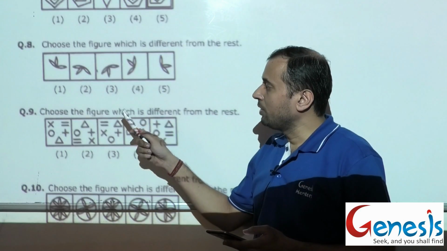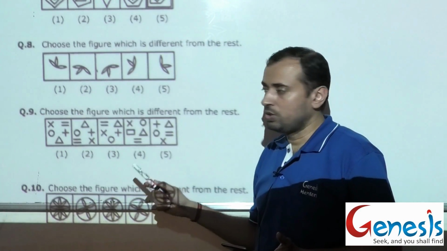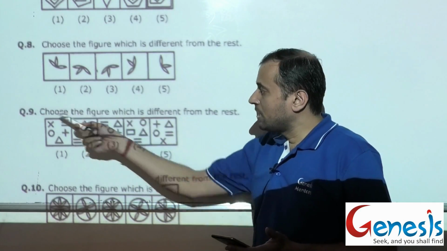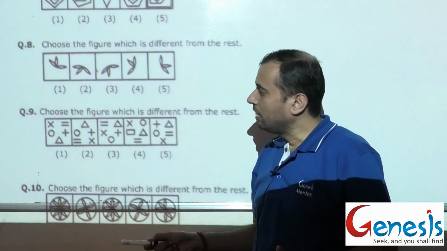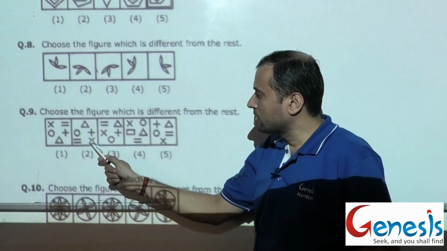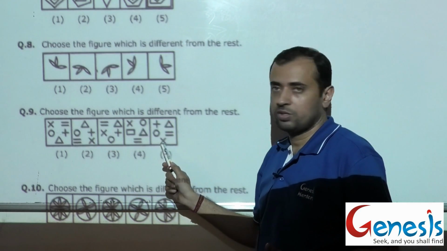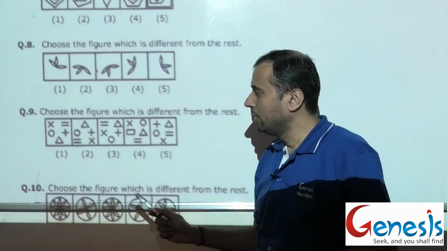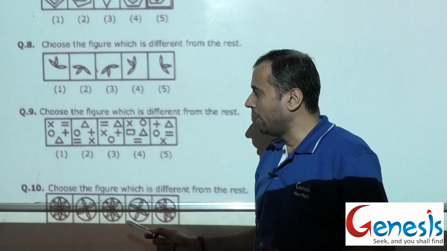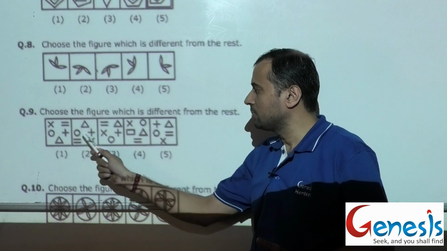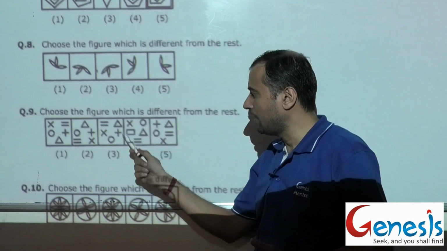In question number 8, it was a rotation, which was handy. Vis-a-vis figure number 9, a lot of objects are there, right? When I see the cross, in all the frames the cross was there, right? Then the circle, in all the frames the circle was there, right? When we talk about the addition sign, plus, is there a plus here?